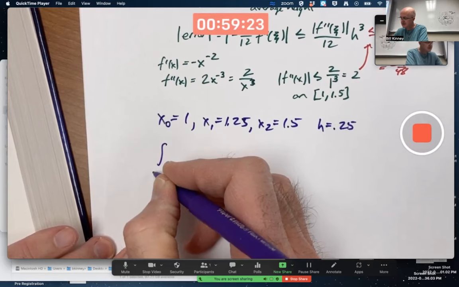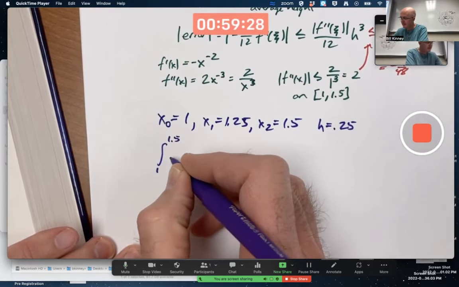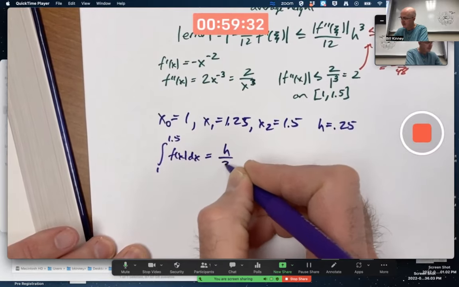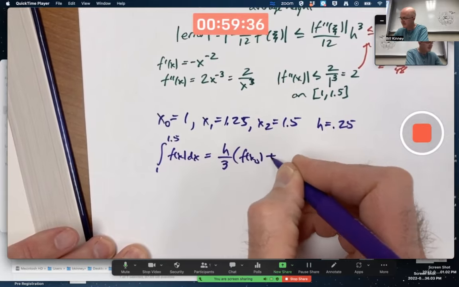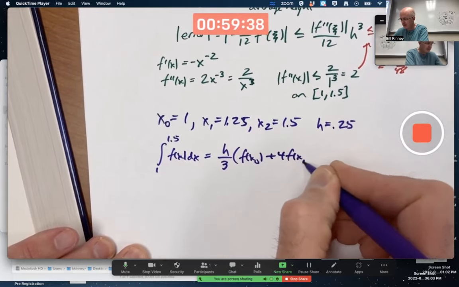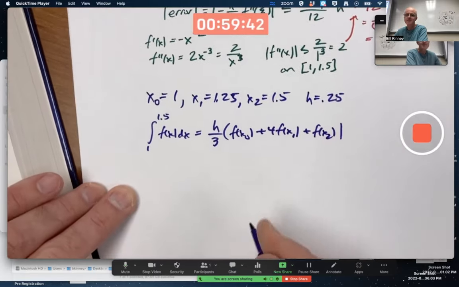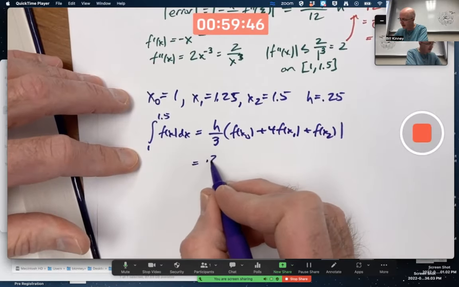Simpson's rule in this context says the integral from 1 to 1.5 of f of x, I'm going from memory here, is h over 3 times f of x0 plus 4 times f of x1 plus f of x2. Kind of a strange thing. Let's just see that it gives a good approximation. h is 0.25.